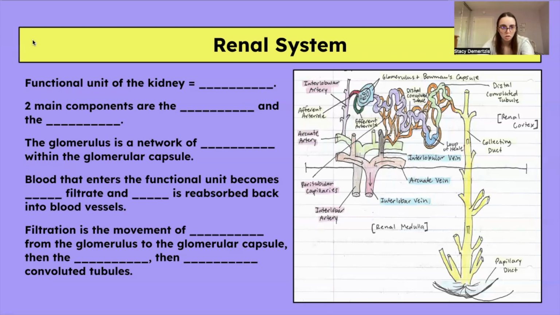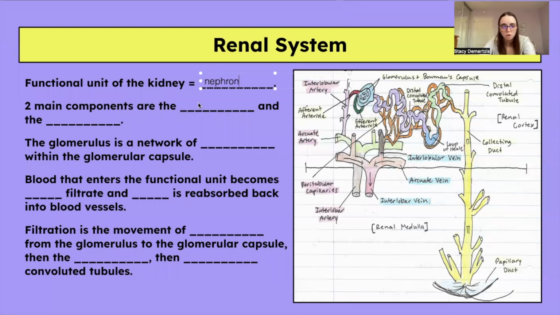These structures are called the functional unit of the kidney, because this is where all of that filtration is going to be occurring. Filtration, reabsorption, urine formation, excretion, or delivering it to be excreted. What do we call this functional unit of the kidney? Yeah, the nephron.